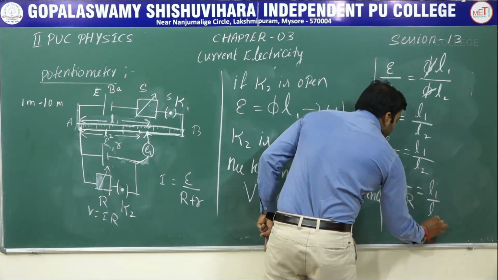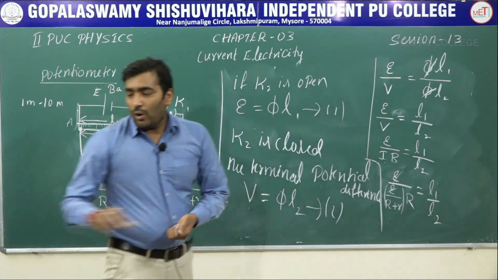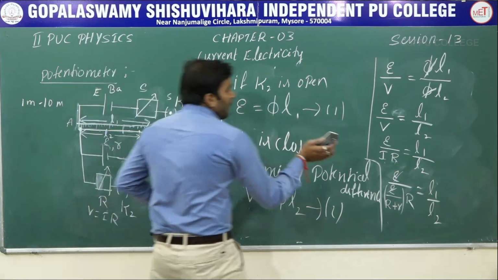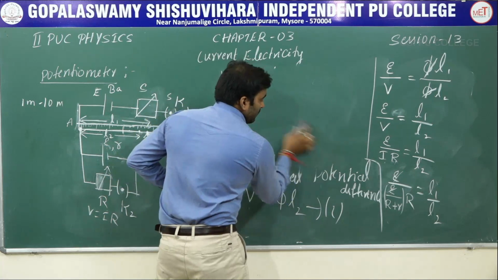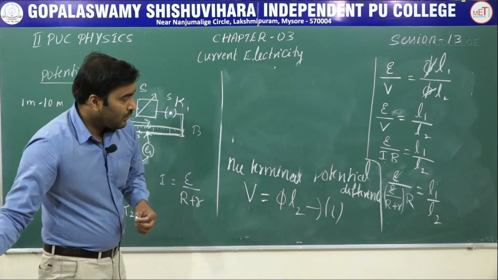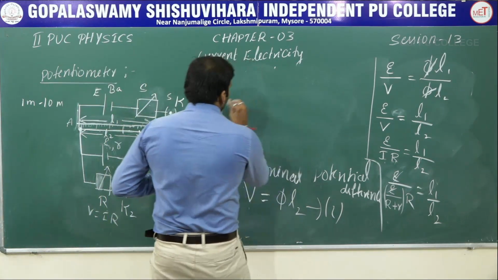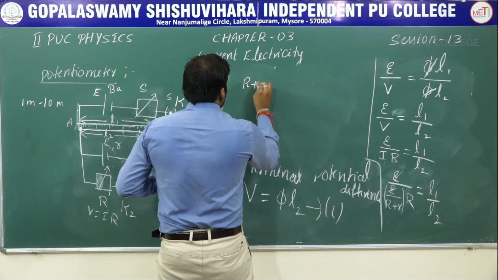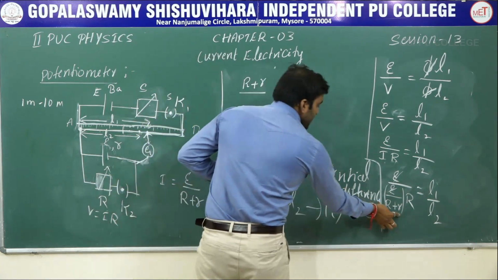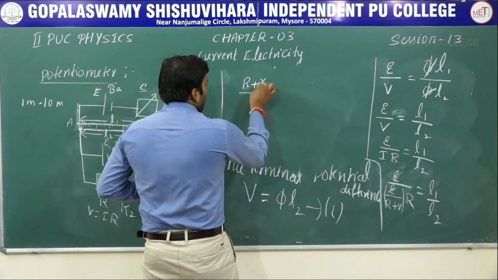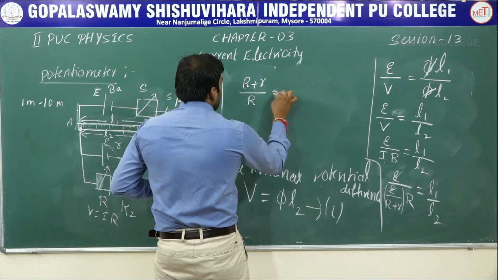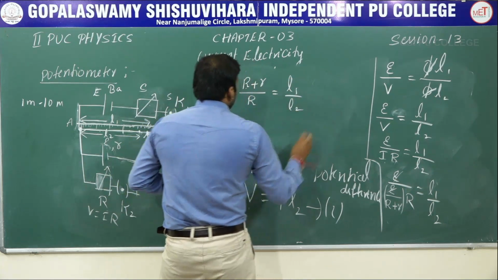This will be equal to L1 by L2, and what remains is R plus r, which I take to the numerator because it is in the denominator of the denominator. So R plus r divided by capital R is equal to L1 by L2.